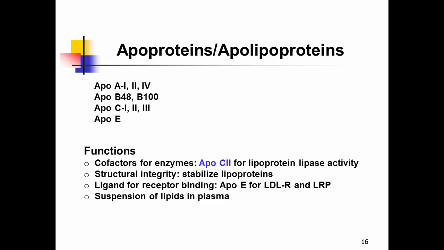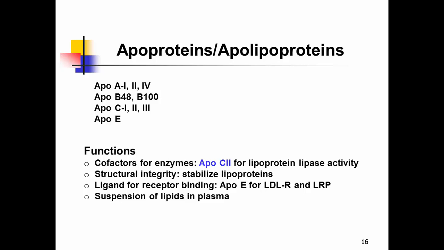In general, the function of apoproteins, first of all, is that apoprotein can serve as a cofactor for enzymes. For example, ApoC2 is a very important cofactor for lipoprotein lipase. That means lipoprotein lipase activity requires ApoC2. ApoC2 works together with lipoprotein lipase to hydrolyze triglyceride in the VLDL or chylomicron.